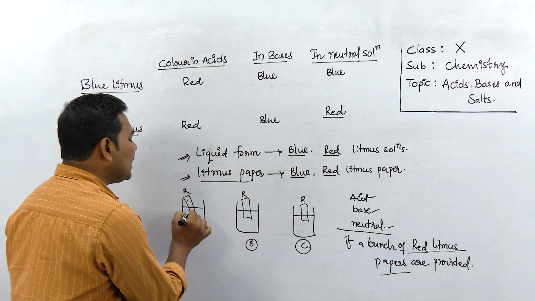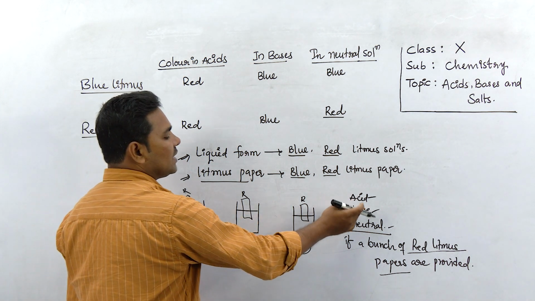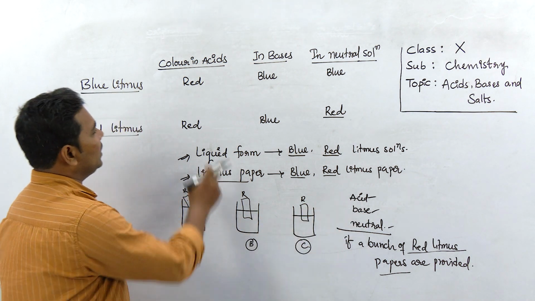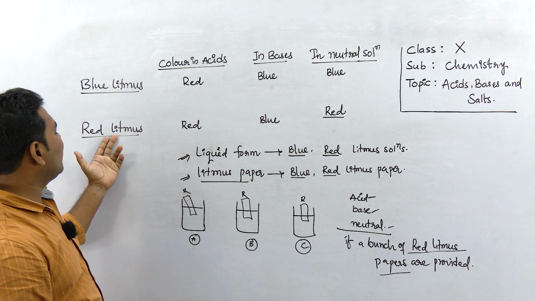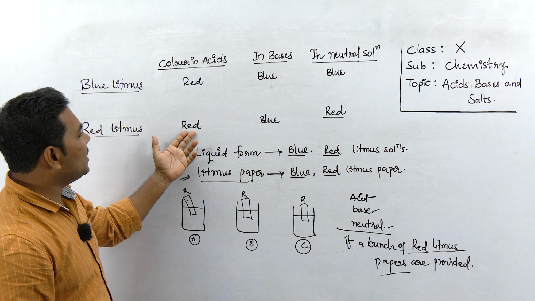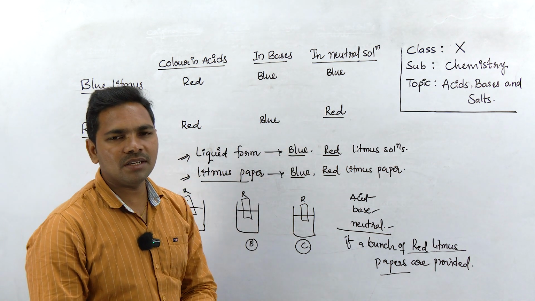When you dip a red litmus paper in a solution, we can see, out of these three, one is acid, one is base, one is neutral. We can know from color changes. We are given red litmus. In acids it remains red, in bases it turns blue, in neutral solutions also it remains red.